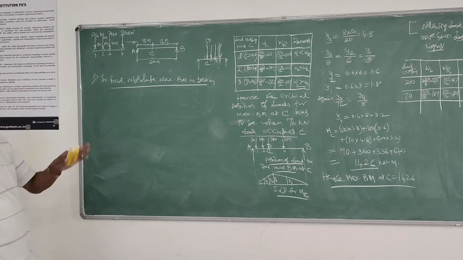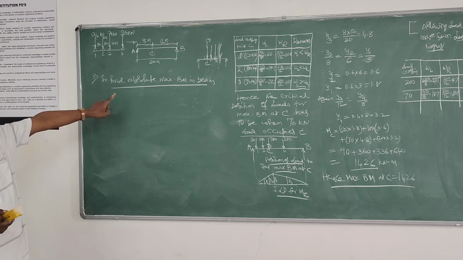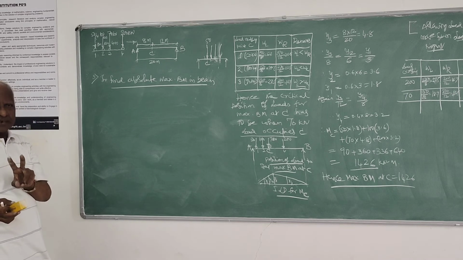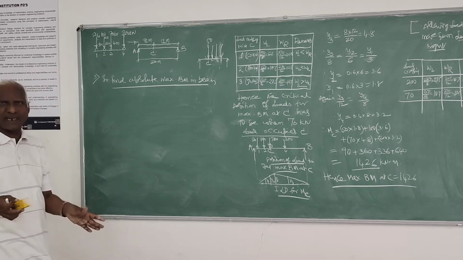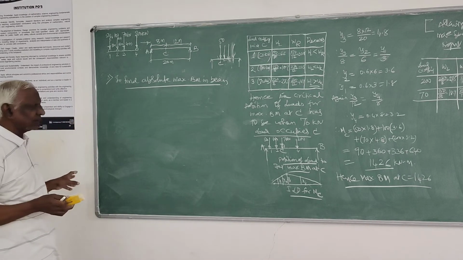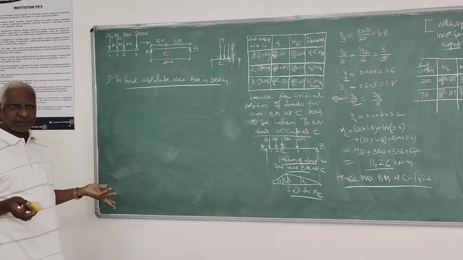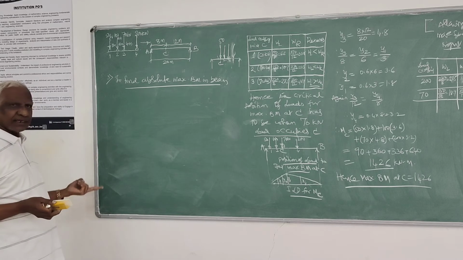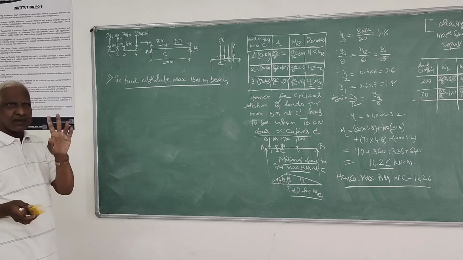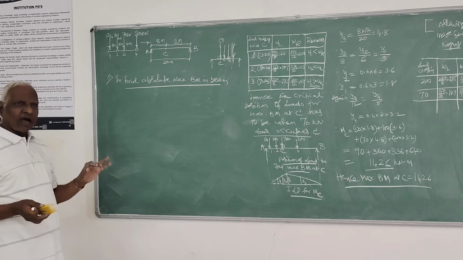Here also first we have to state the criteria. To find the absolute maximum bending moment in the beam, we have to find two criteria. One is the section in the span, the point in the beam where we can expect the absolute maximum bending moment. The second is under which load the maximum bending moment occurs.